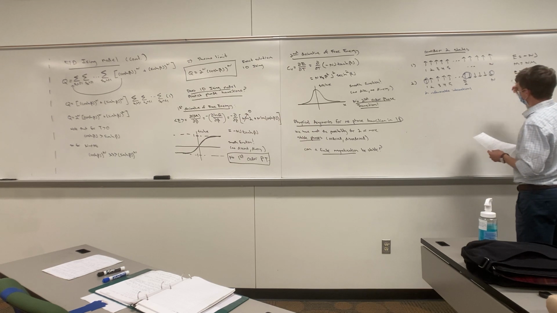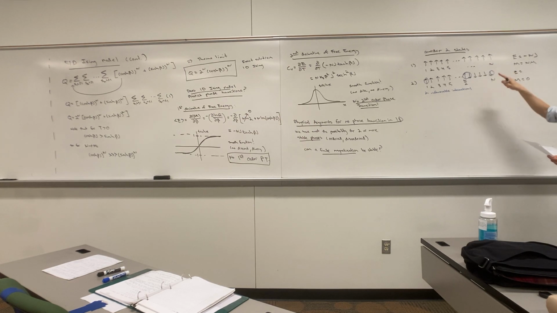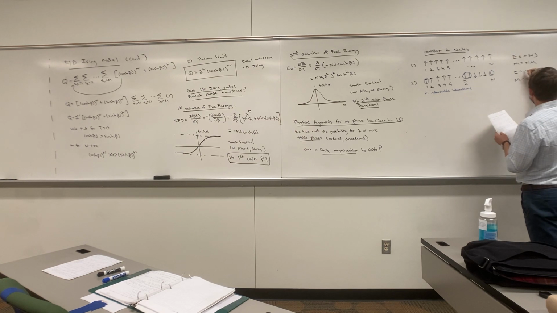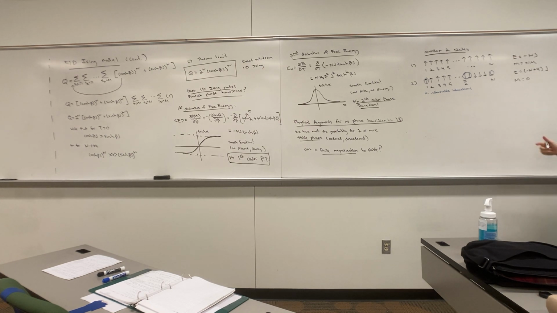So the way to think about the energy is it's almost this, except this interaction is now unfavorable, and this interaction is now unfavorable. So you have to add 4. So it turns out it's minus n plus 4 times J. Because it goes from a plus to a minus, right?